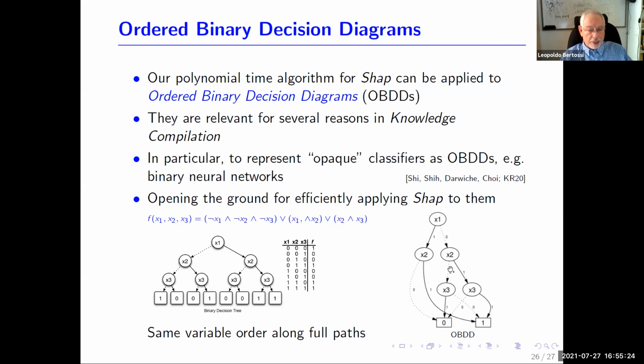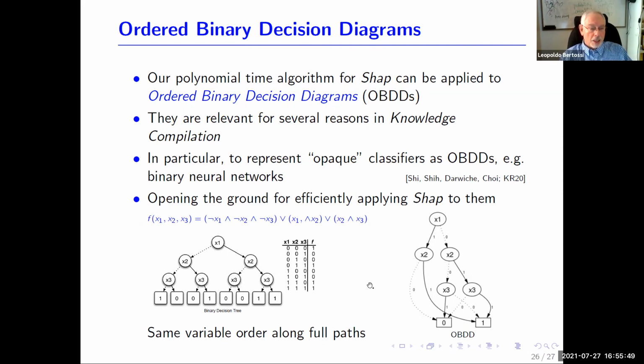So OBDDs can be translated as DD circuits, more or less in the same way as we transform this one into a DD circuit. The order means basically that in all the paths here, the variables have the same order. That is a restriction.